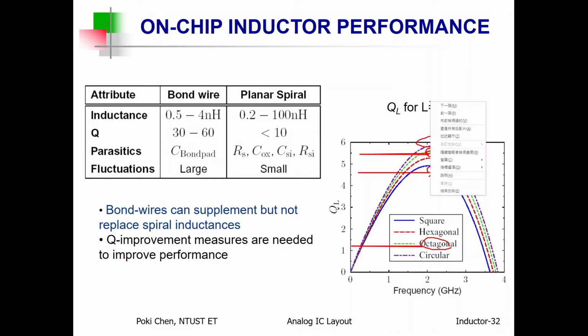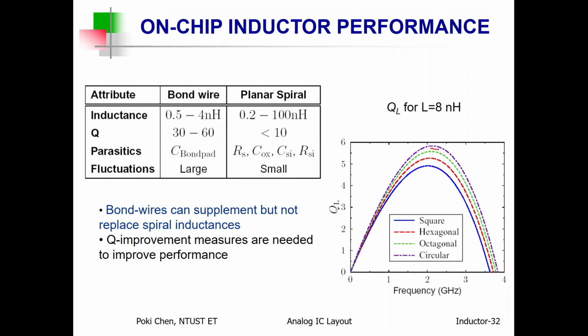And the other problem is, even if you would like to spend a lot of time on such kind of circular layout, some of the processes simply don't allow you to have such kind of circular layout. So forget about it. Again, my recommendation is this for octagon. Okay, good enough.